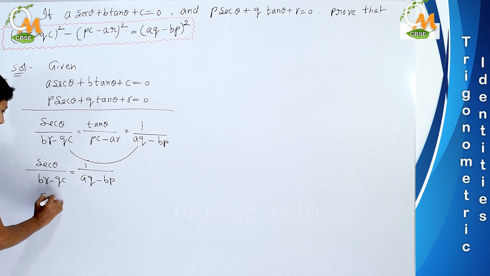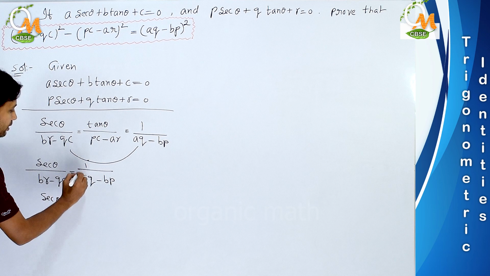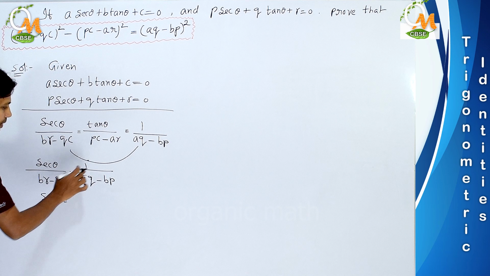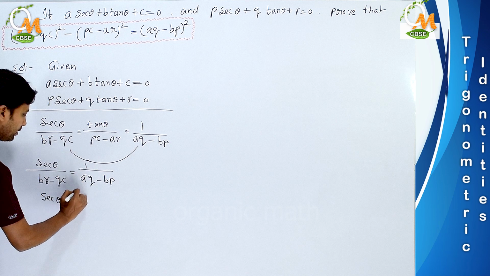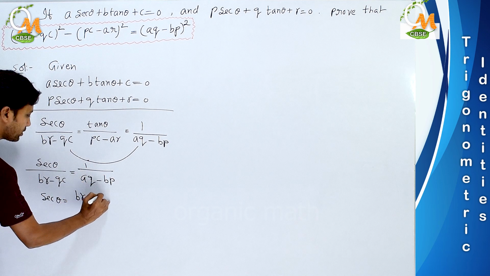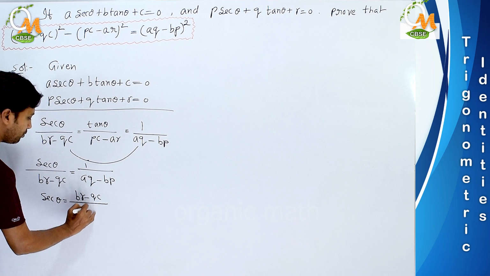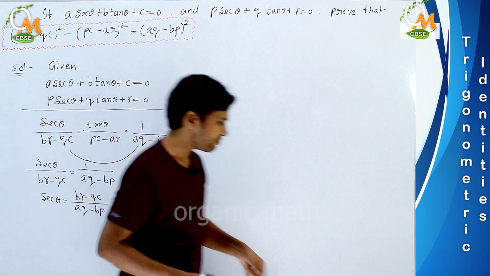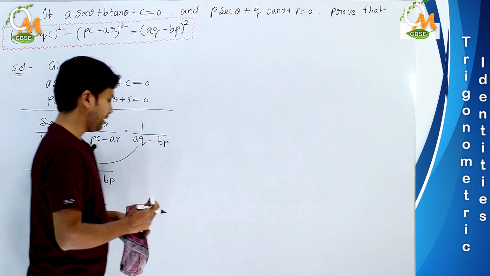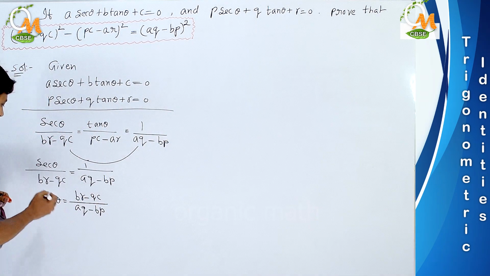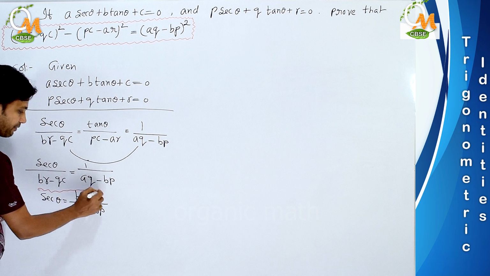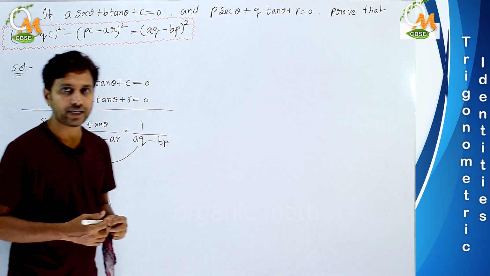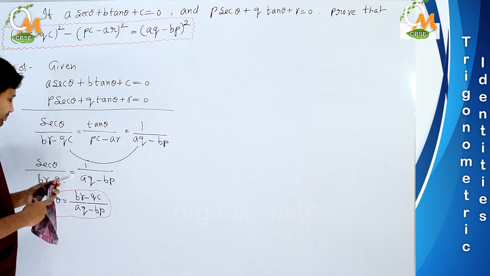So secant theta equals BR minus QC, written in the numerator, by AQ minus BP. This is the value of secant theta we find here.